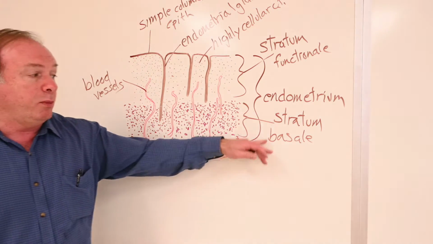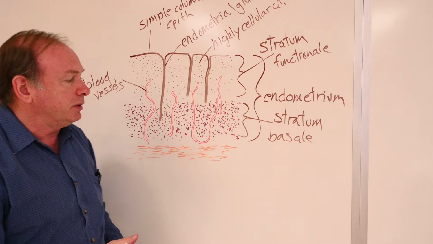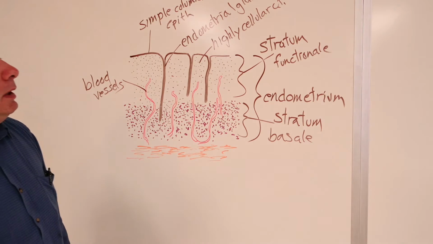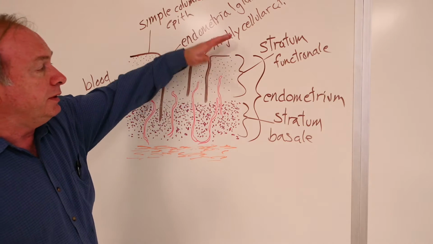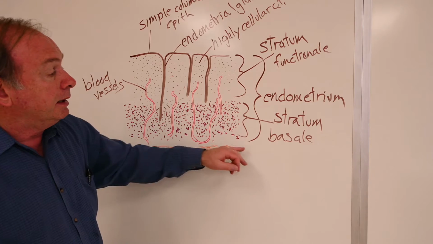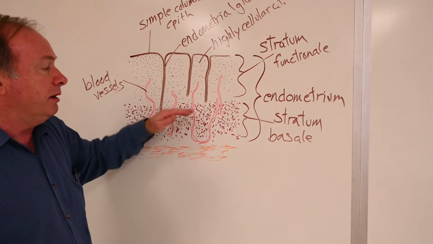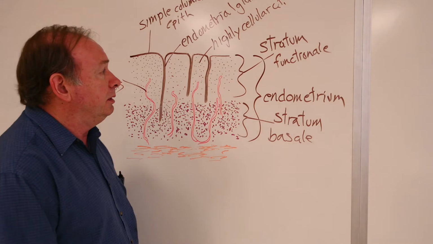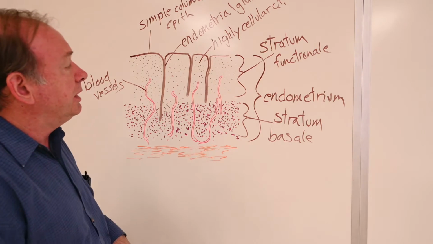Same name we had with skin cells at the base of your epidermis. So stratum functionale grows and then is lost at menstruation and then regrows and is lost again. Stratum basale stays here and is the foundation from which we regrow that endometrial layer called stratum functionale.